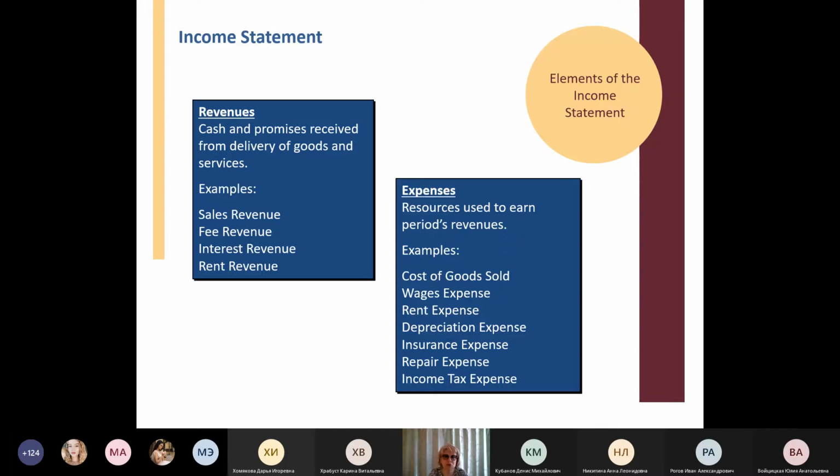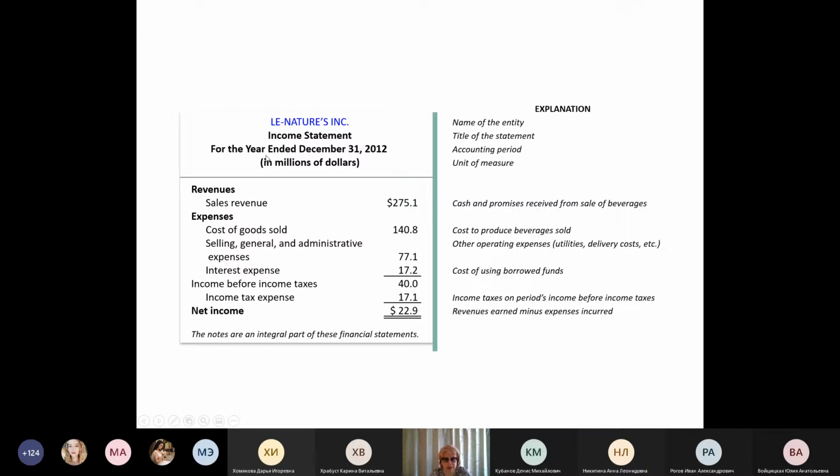This is the main criterion of a business existing: to generate more benefits than some kind of sacrifices or resource outflows. So this is the list of revenues and expenses: sales revenues, interest revenue, rent revenue, and these are expenses. Also in our course, we discuss these items. So this is the format of the income statement.